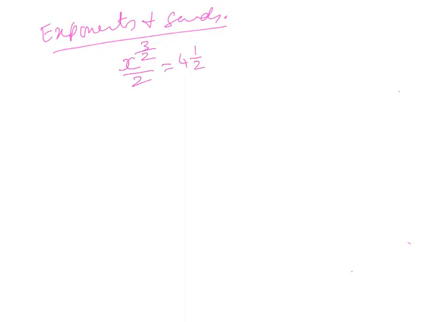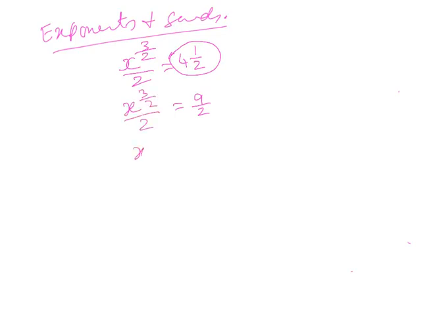Let's be careful, this is a mixed fraction, so if you are using a calculator, please be very careful when you punch it in as a mixed fraction, not as 4 and then a fraction 1 over 2, which is different. Or if you know how to change it, it is 4 times 2 plus 1, which is 9, so it's 9 over 2. So my first step, I simplified it.